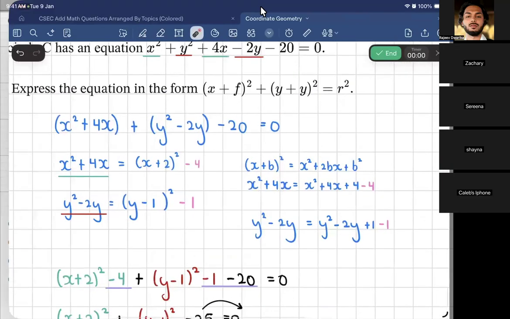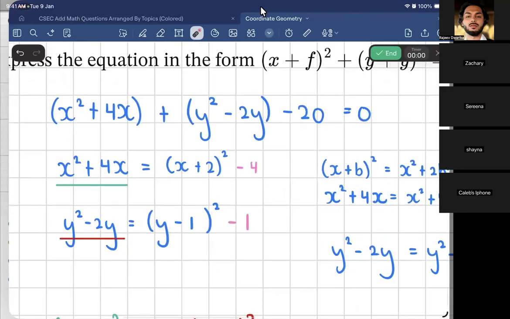And if you're practicing completing the square, this is a really good method to use, because you realize we're doing that. Completing the square. In class I showed you all the geometric representation. Completing the square means you're making a square. So this is not a perfect square, but this would be a perfect square, because it is x plus 2 squared.